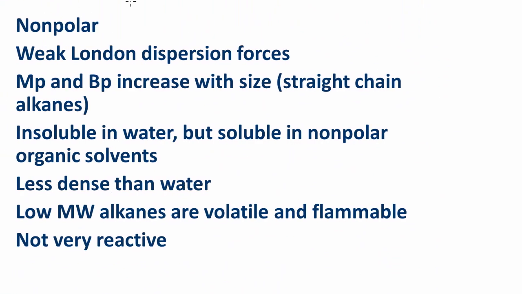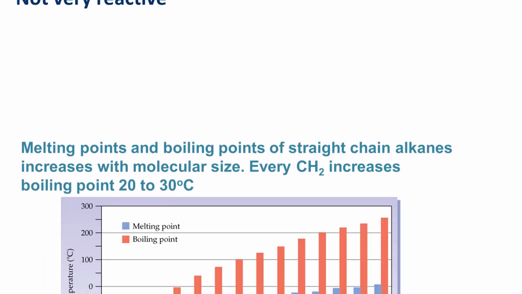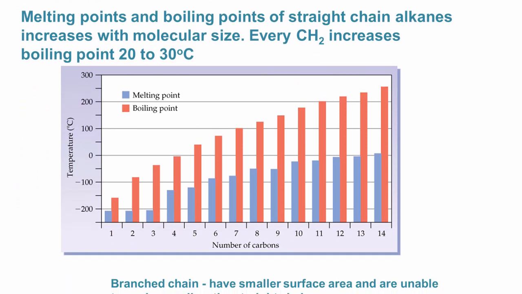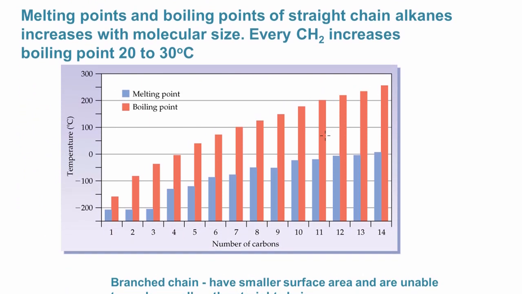Alkanes are nonpolar, and because they're nonpolar, they have very weak London dispersion forces holding the molecules together. For straight chain alkanes, melting points and boiling points increase with size. So here's a chart that shows us the straight chain alkanes.